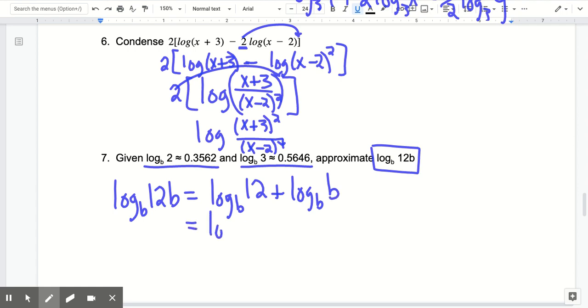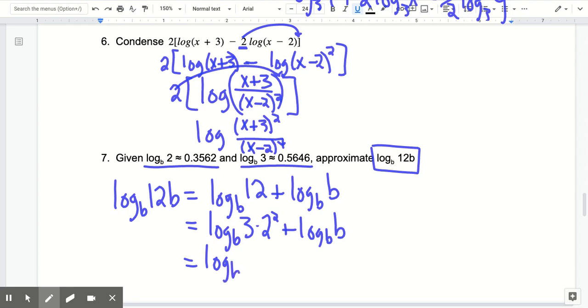And then 12, I can rewrite that as 3 times 4, which I can even write as 2 squared. Yeah, there we go. Okay, now I'm going to pull that apart.